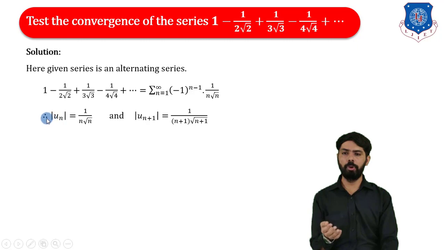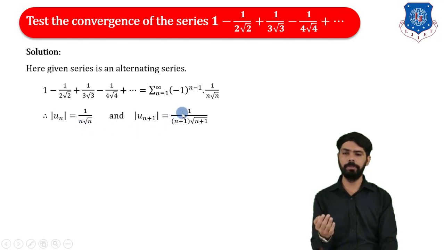Now we will find out modulus of u_n. Therefore modulus of u_n is equal to 1 divided by n root n. Because if we take modulus of u_n, so modulus of (-1)^(n-1) will be 1. Therefore modulus of u_n is equal to 1 divided by n root n. Now we will find out modulus of u_(n+1). So for that we will replace n by n+1 in u_n.